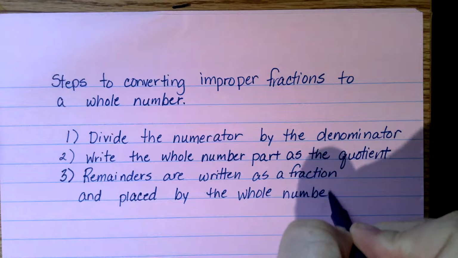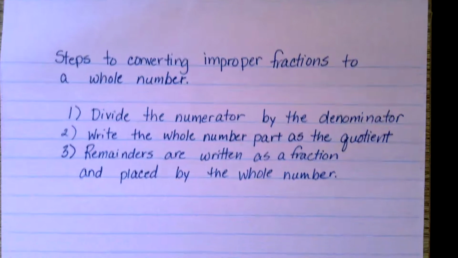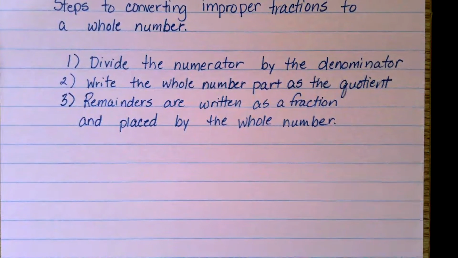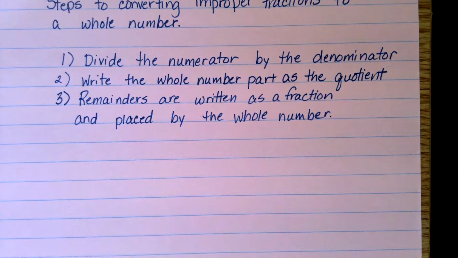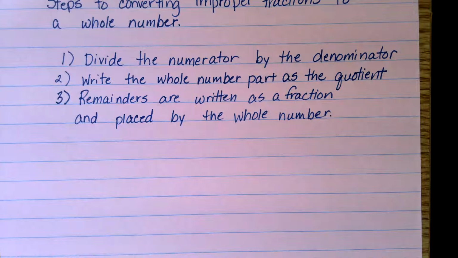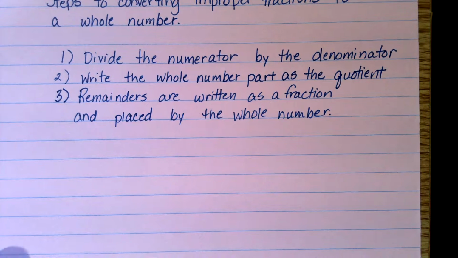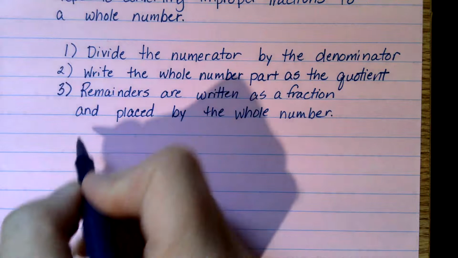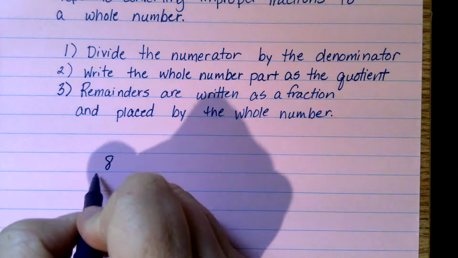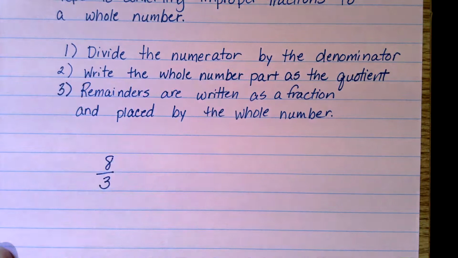Now, these steps may seem a little bit hard to follow because you can't see them in action. So I'm going to show you how to divide the numerator by the denominator. So first we have to have an improper fraction. So let's take the fraction 8/3.